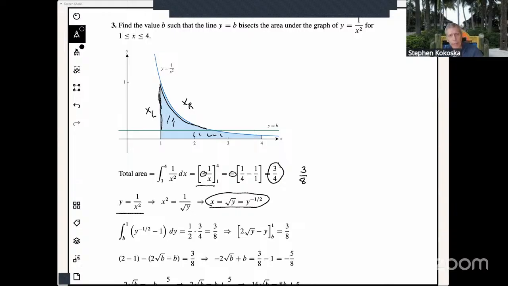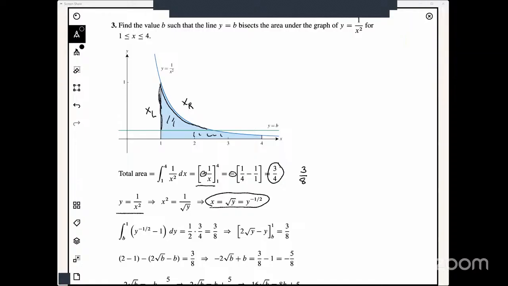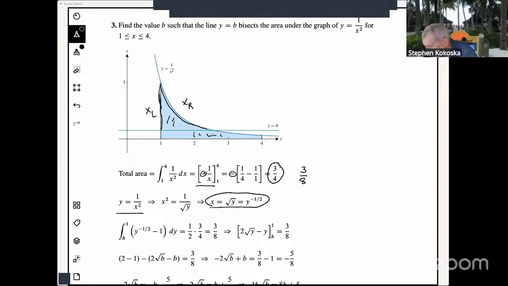So let me see if I've got this right now. Okay. That means if I take the right curve, which is y to the minus 1/2, minus the left curve, which is x equal 1, between B and 1, that total area has got to be equal to 3/8, half of the total area under the curve 1 over x squared from 1 to 4.